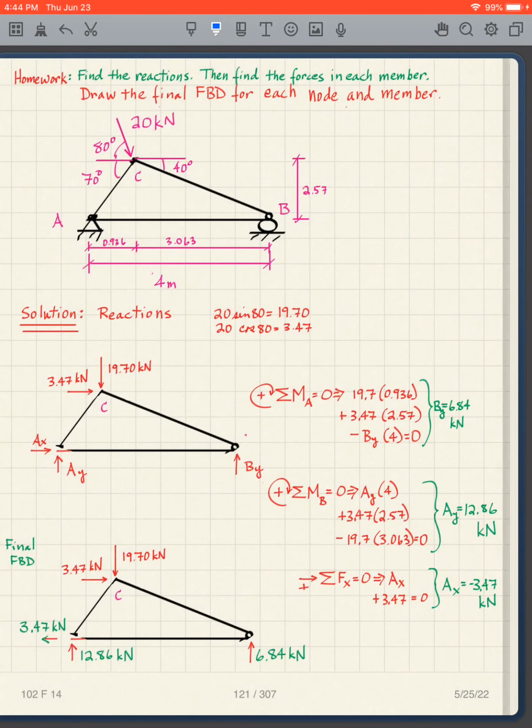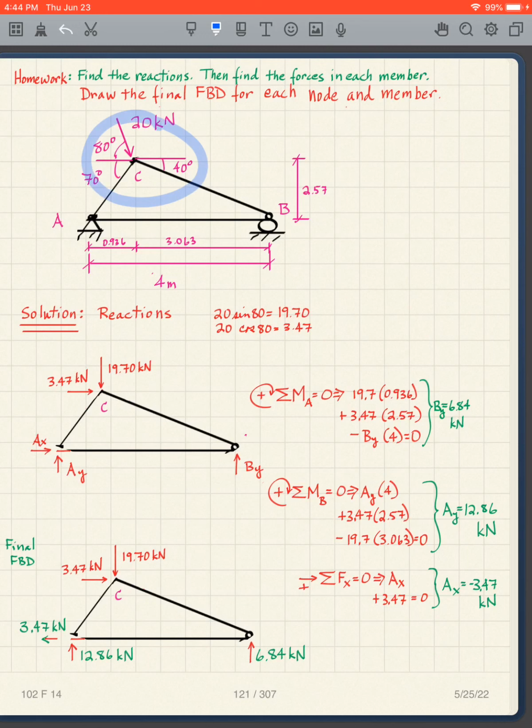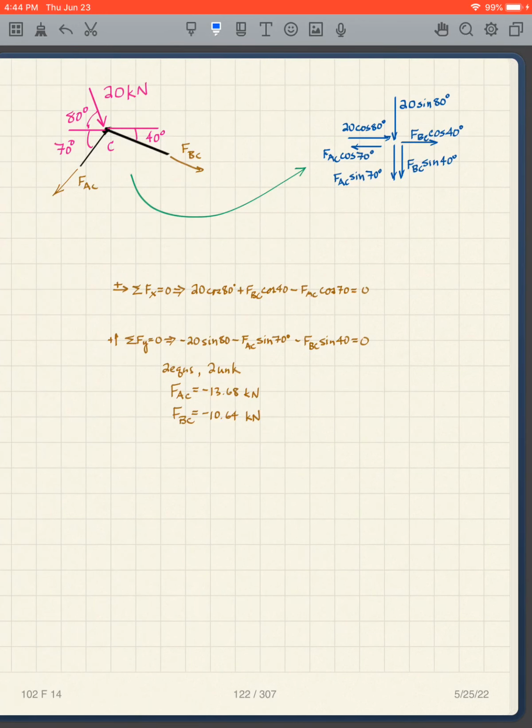Let's look at point C. Here's my free body diagram. In other words, again, this is FBC goes like that. This is FAC goes like that. I have my angles. This is 40 degrees. This is 70 degrees. And I convert it.